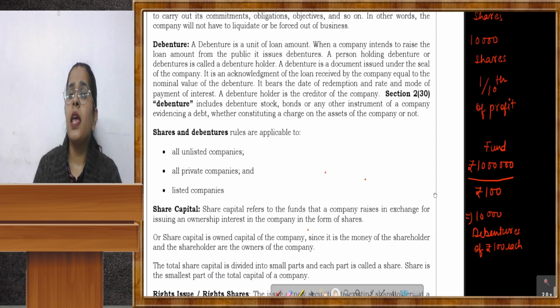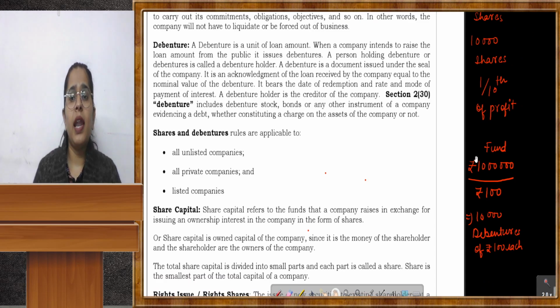See, here the company requires 10 lakh rupees of funds. Okay, so the company has divided it into 100 rupee debentures. 10,000 debentures the company will issue. Okay, this is a loan amount, so it will have an expiry date. By expiry date, what I mean to say is up to a certain period of time, on a certain date, the company will have to repay the amount which it has collected as debentures.